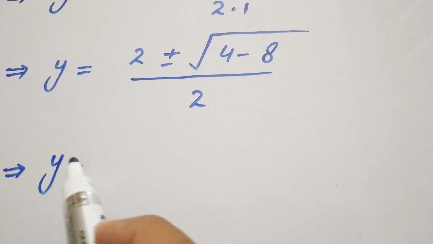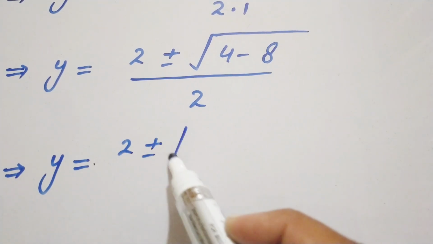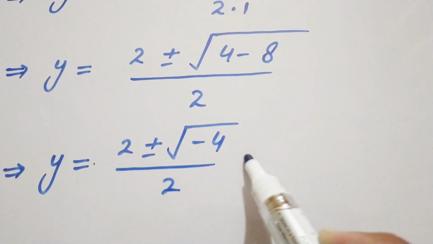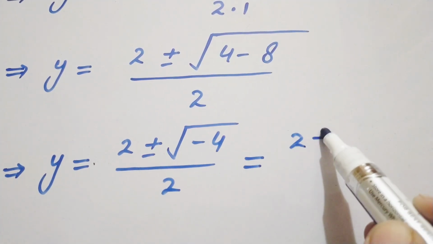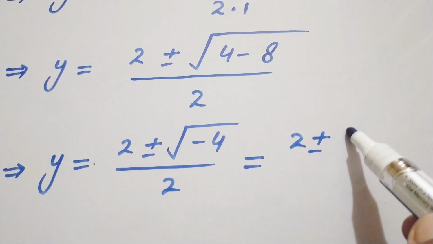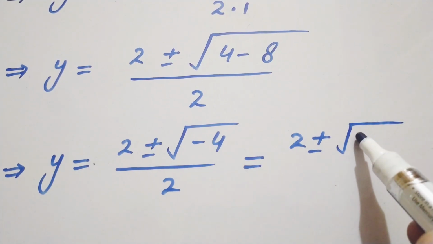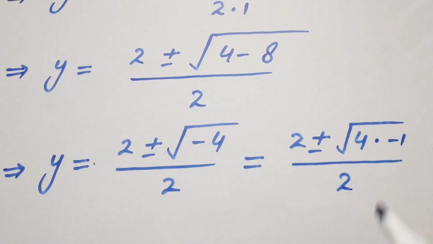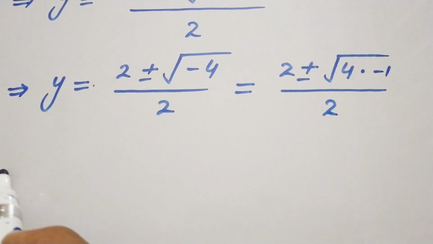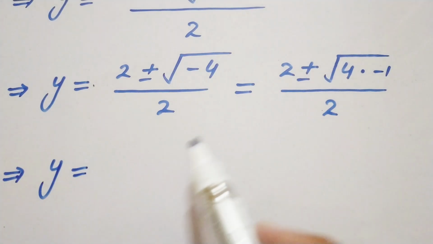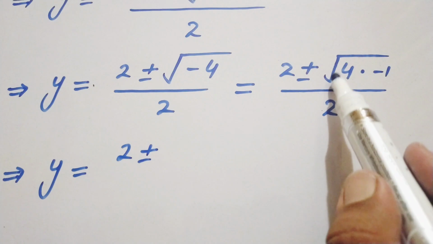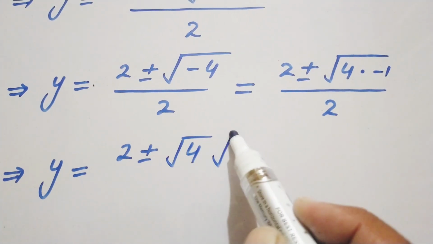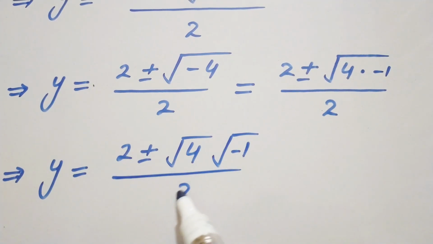This implies y is equal to 2 plus minus square root of 4 minus 8 gives us minus 4 divided by 2. This is equal to 2 plus minus square root of 4, we can write this as 4 multiplied by minus 1, divided by 2. Y is equal to 2 plus minus this whole square root of 4 into minus 1 can be written as square root of 4 square root of minus 1 divided by 2.